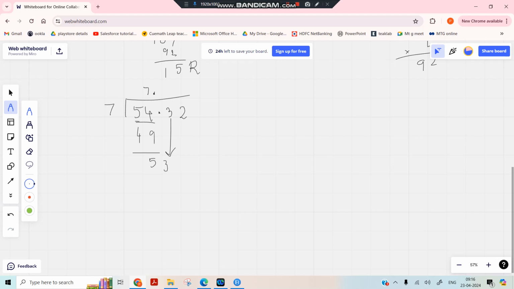So now, where does 53 come in the table of 7? Same, 7 times 7 is 49. So your remainder is 4. And now your 2 comes down. 7 times 6 is 42. So your answer is 7.76. Remainder is 0.